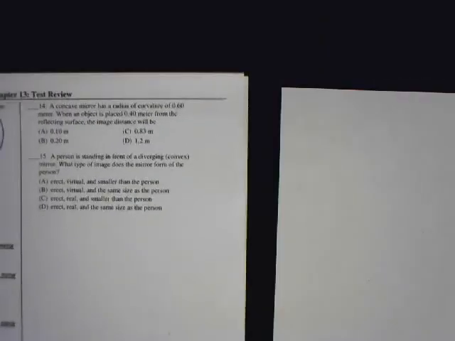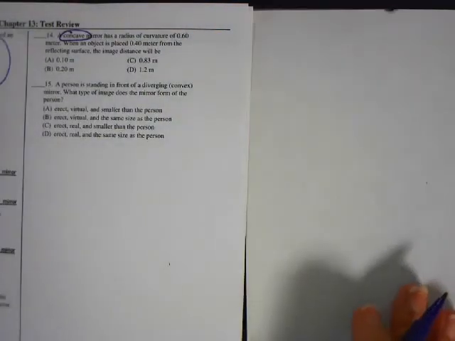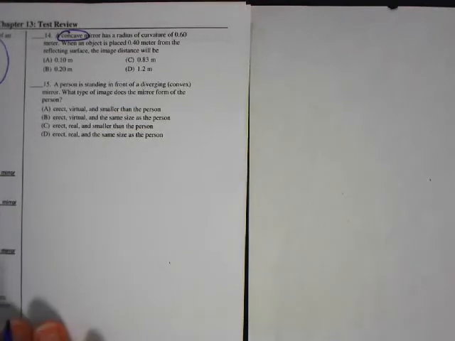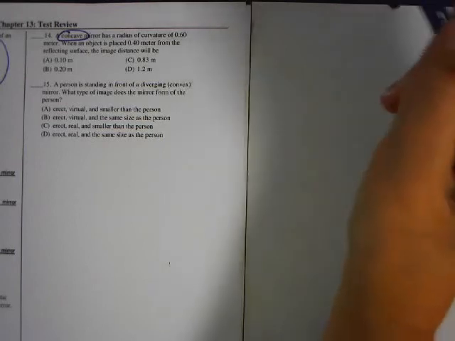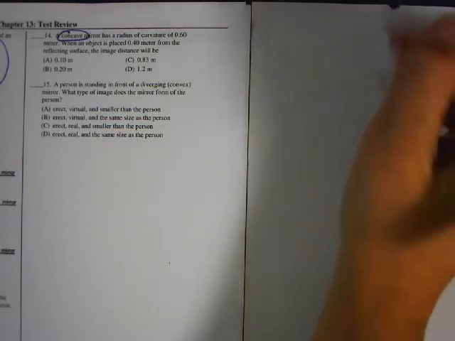Number 14. So now we have some problems to do here. It says concave. Is this important, concave? Absolutely. And why is it important? Because if we're just solving this problem mathematically, remember, whenever we have a mirror, we have the same frame of reference.